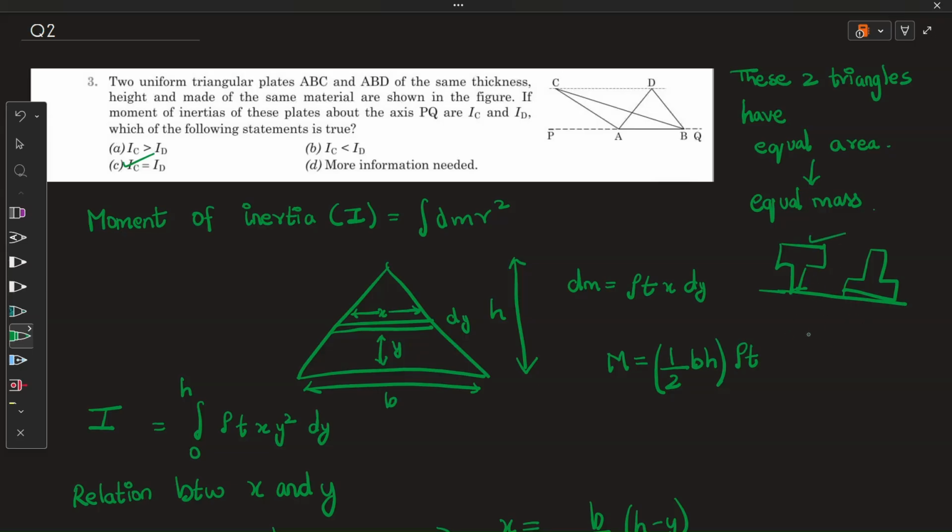Of course this, because moment of inertia is the mass occupied at any particular position into the perpendicular distance square. So if they have equal masses, this particular thing has r square term greater than this thing. So this has more moment of inertia than this. These are some intuitive things which you must know in order to attempt the analytical questions.